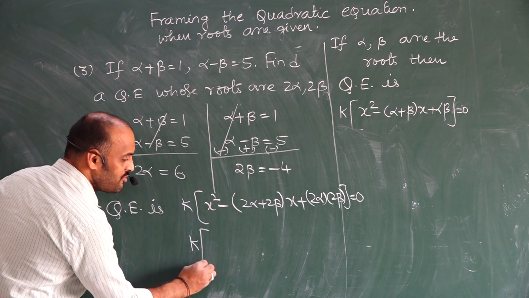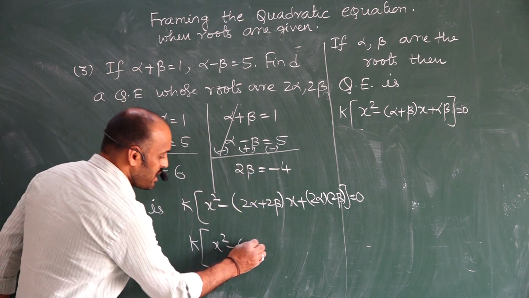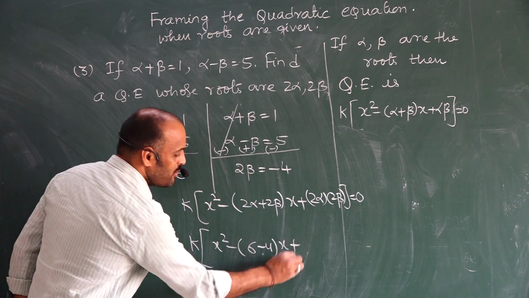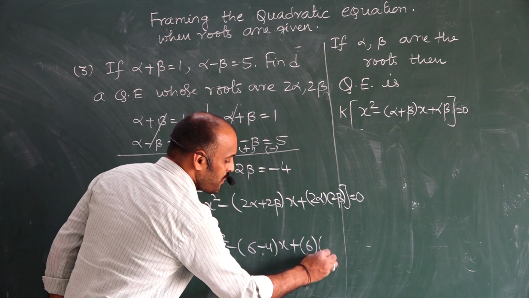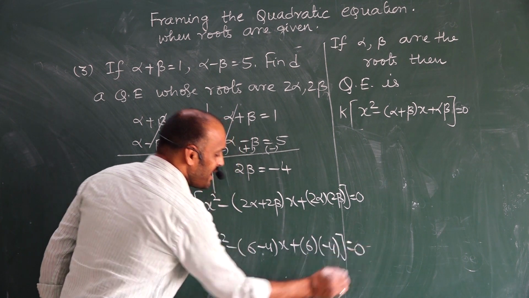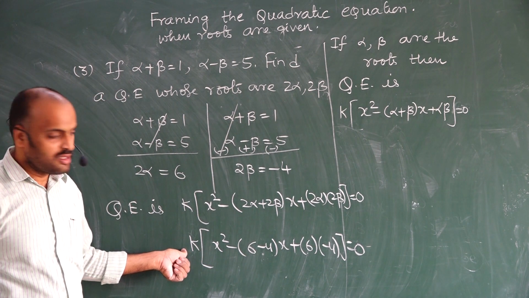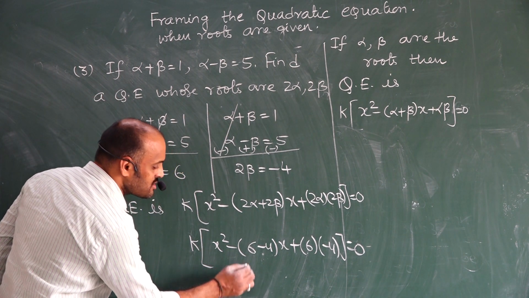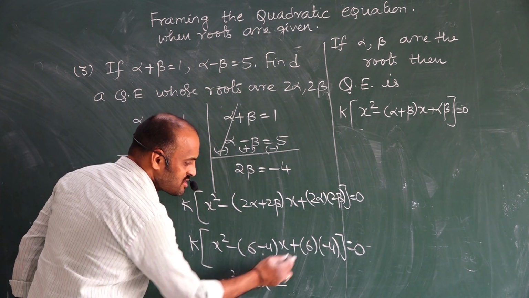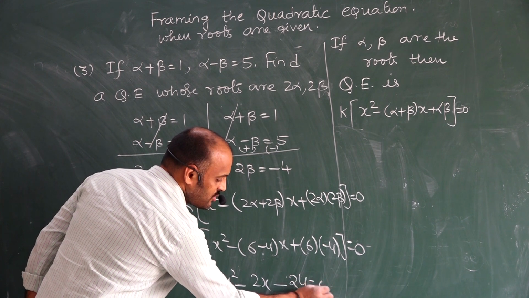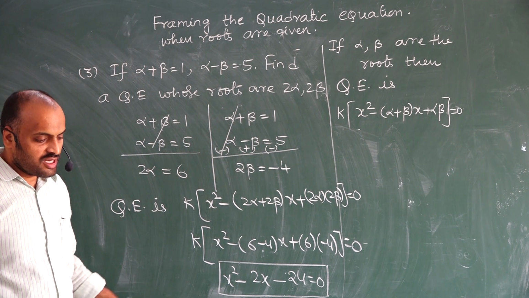Therefore, k times of x square minus sum of the roots (6 minus 4) x plus product of the roots 6 into minus 4 is equal to 0. As all these numbers are whole numbers, I will take k as 1. Therefore, x square minus 2x minus 24, since 6 into minus 4 is minus 24. So this is how we frame a quadratic equation if roots are given.